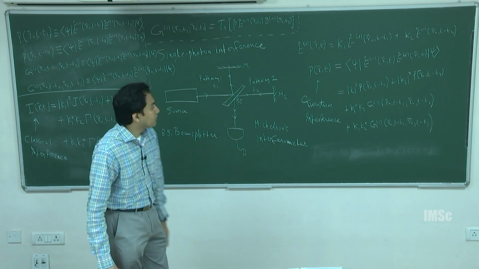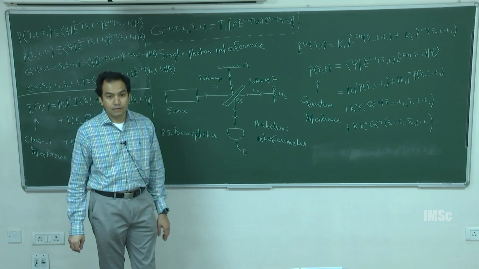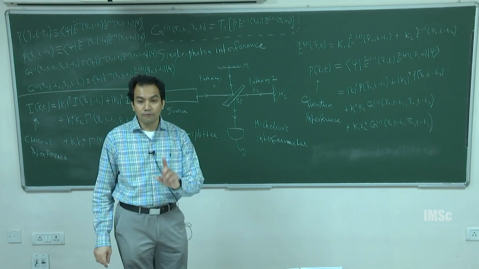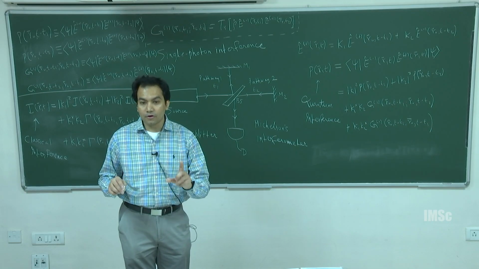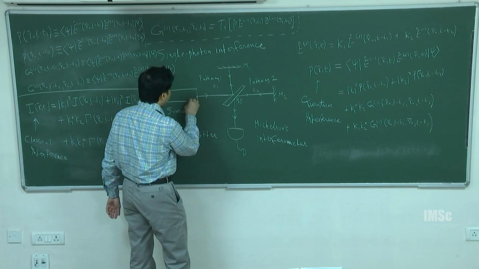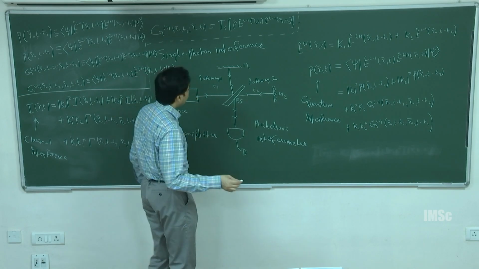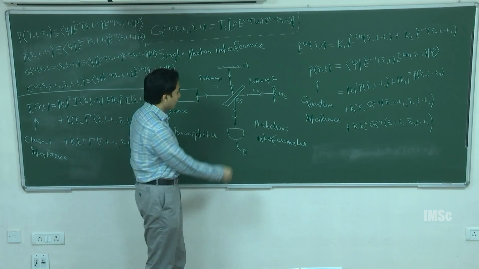So what happens is, you shoot one photon at a time. It's not that you just use one photon, you have a source that produces one photon at a time. The first photon is ejected from the source. Now it has two alternatives, right? It can either take pathway 1 or pathway 2, and it will reach the detector.